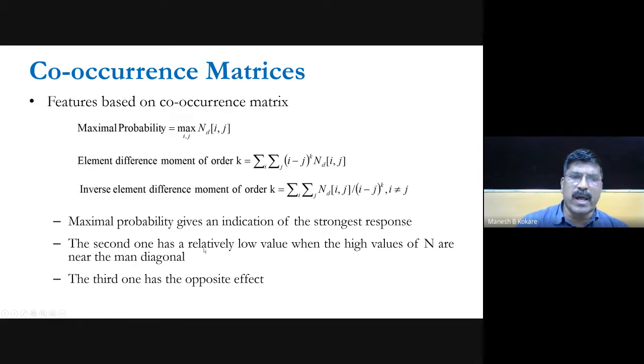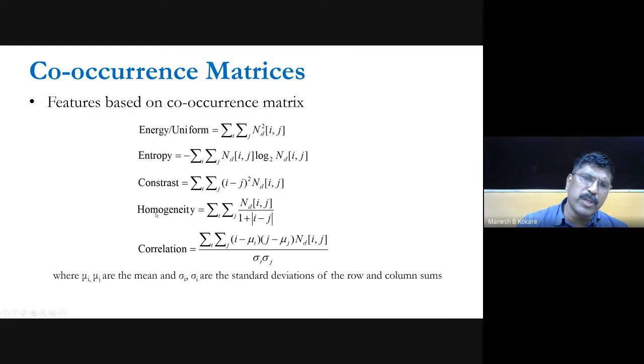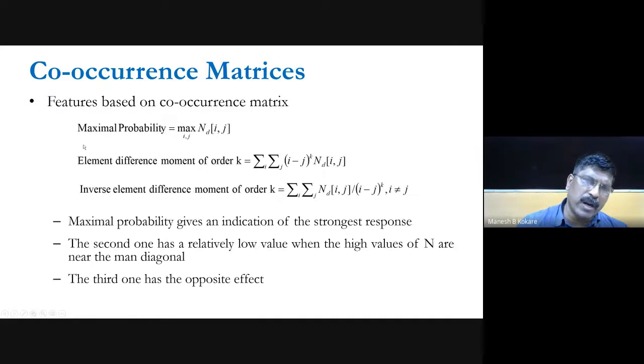The second one has relatively low value when the high values of N are near the main diagonal, basically. Then the third one has the opposite effect, basically. So here, these 5 features you can extract, and additional 3 more features can also be extracted from the co-occurrence matrices.